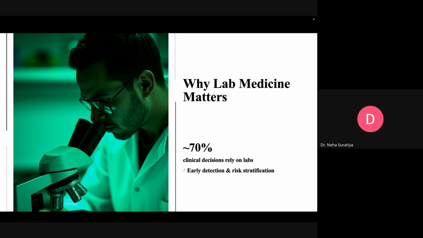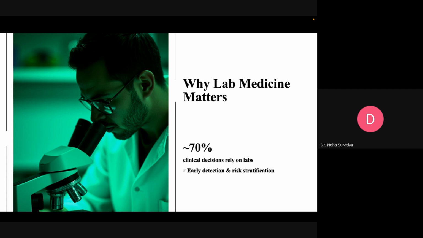You need lab medicine in case of an emergency as well, right? So you can correlate a lot of examples to understand this. This is why lab medicine directly influences diagnosis, treatment decisions, and patient outcomes. It is estimated that nearly 70% of medical decisions depend on lab results, guys. 70% is a huge number.